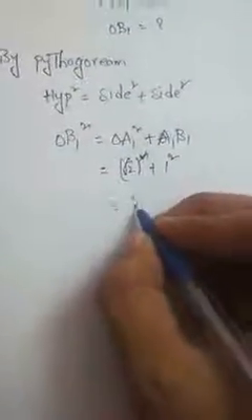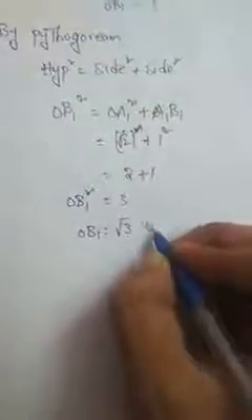OA1 square is root 2 whole square plus 1 square. The square root gets cancelled. 2 plus 1 you get 3. So OB1 square equals 3, OB1 equals root 3 units. So in the diagram, this OB1 value is root 3.